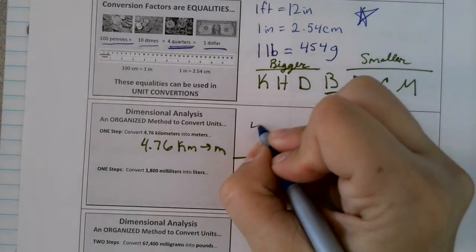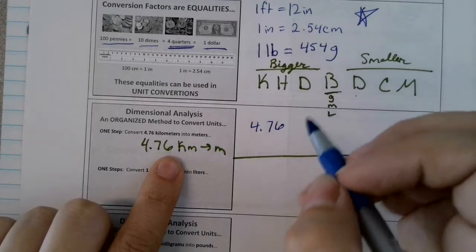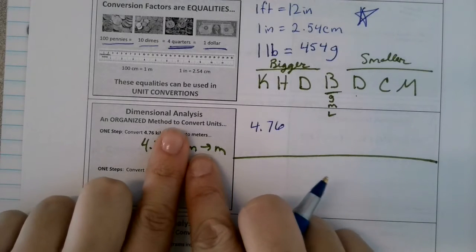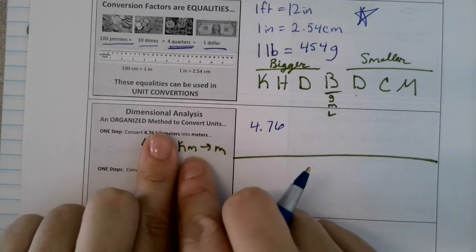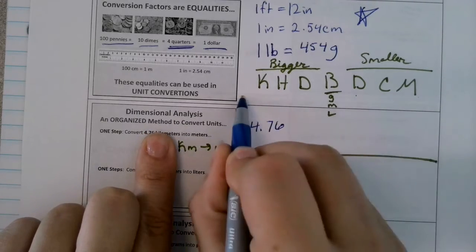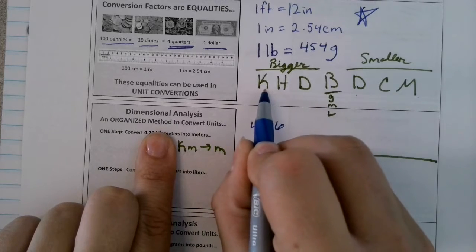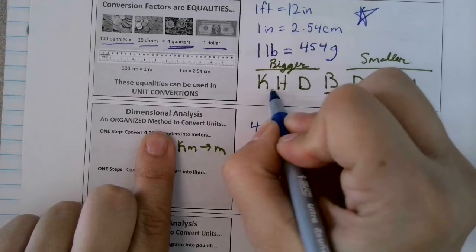So if I'm looking at 4.76, I'm going to look at what I have. The M tells me that I have meters, and the K tells me where on the metric line it's located. So I'm starting right here at kilo.